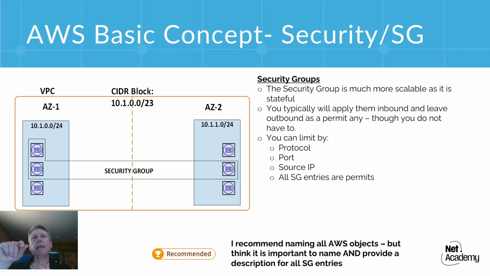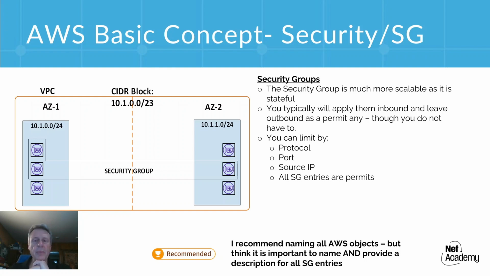Or you could put in administrative information like this entry was created based off of change record 12345 on 11/17/23 or something like that. But I would use both of those. It just is going to make your security a lot more straightforward when you have to go through things like audits and documentation.